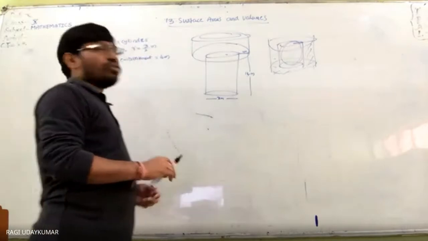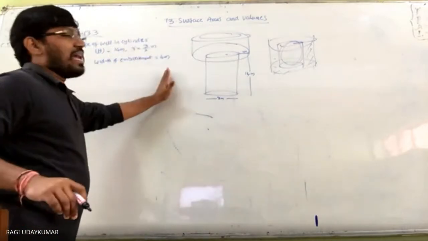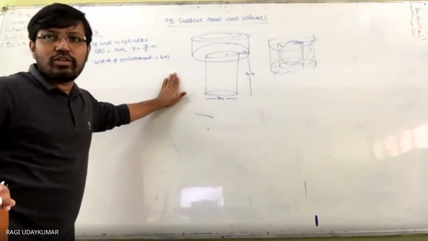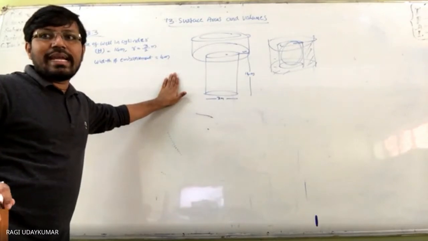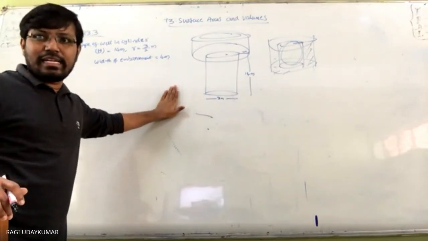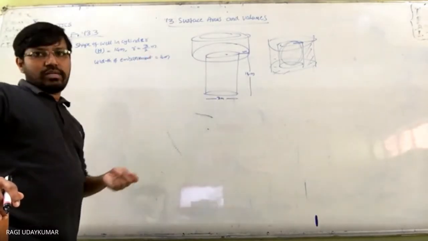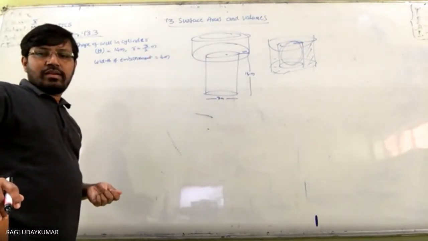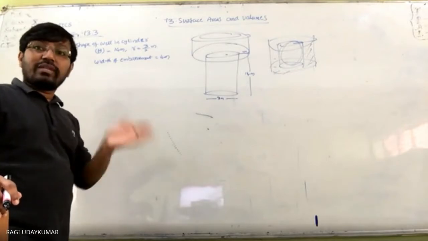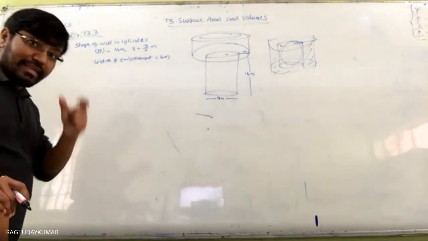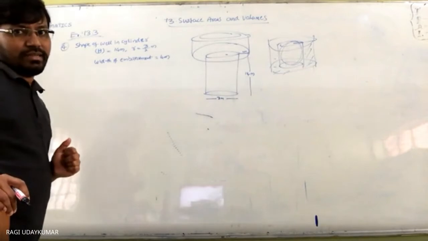So here we take one as capital R. How do you find out the capital R here? The radius of the outer cylindrical shape. The embankment is also in the form of a cylinder, but with outer radius, inner radius and thickness. That cylinder will have some thickness.